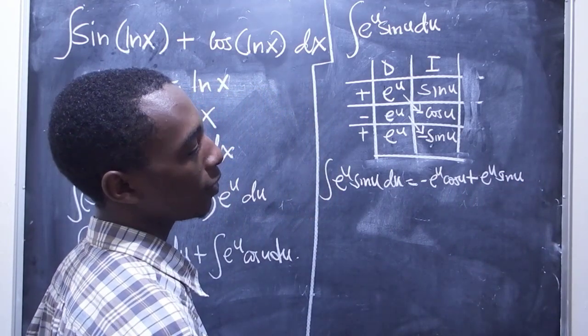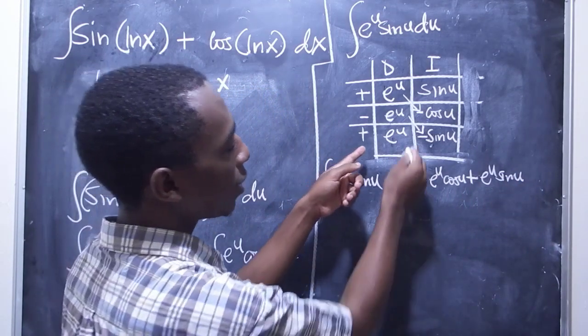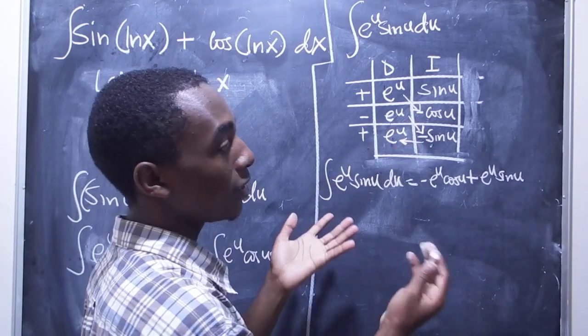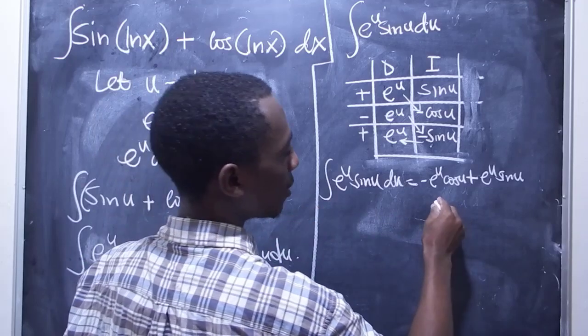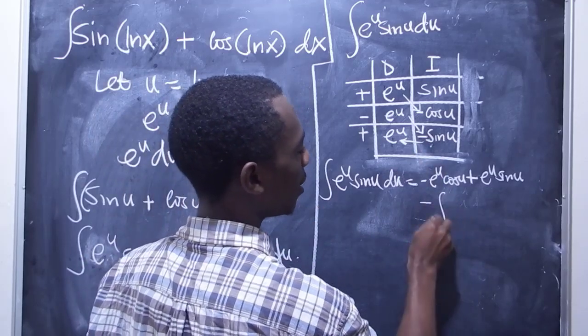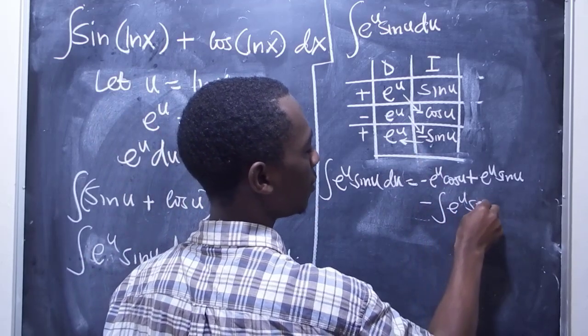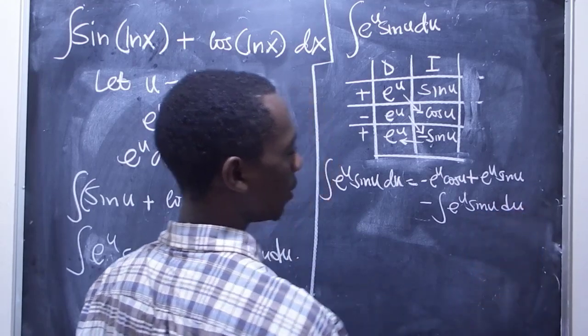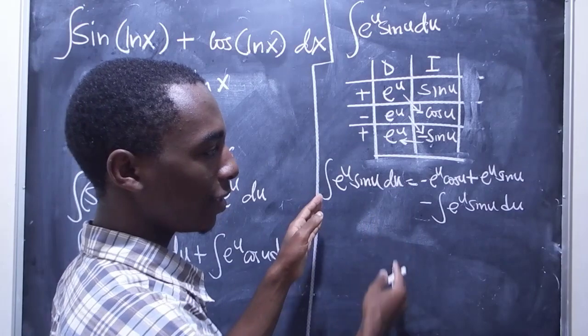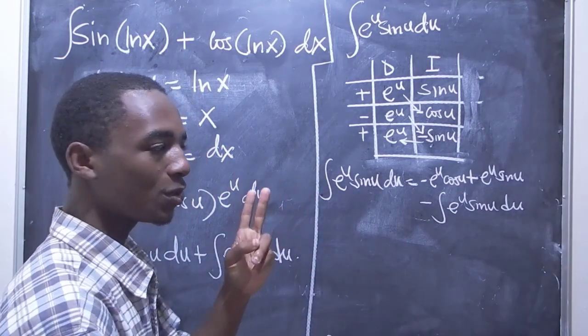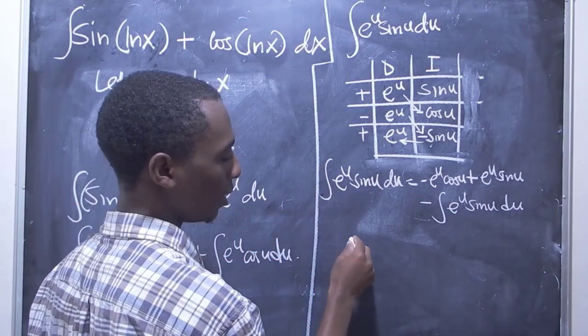Okay, what else do we have here? This multiplied by this, the integral itself, when we multiply on the same row, so that's minus the integral of e to the u sine u du. As you can see, if I carry this integral over to the right hand side, it's going to add, so there will be two integrals.